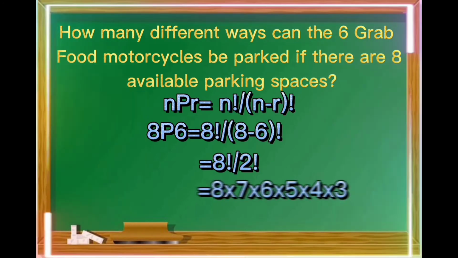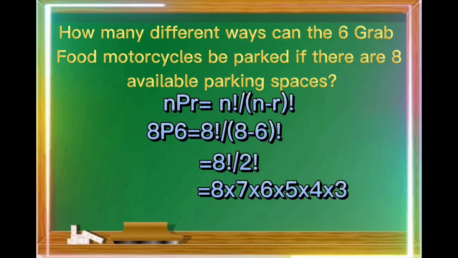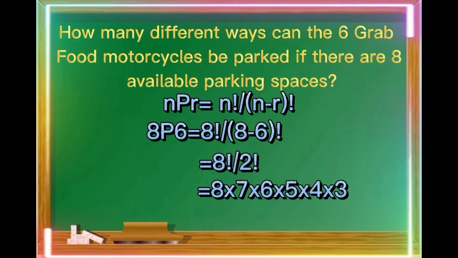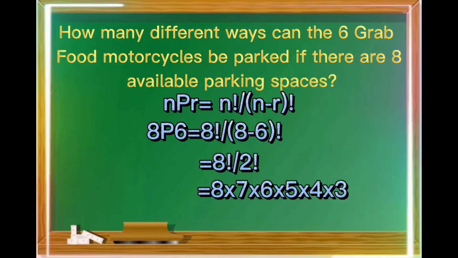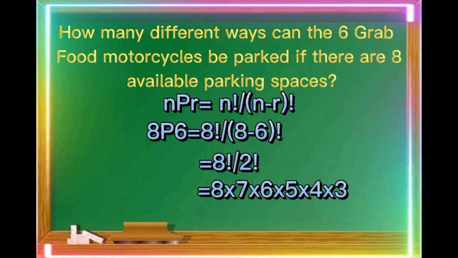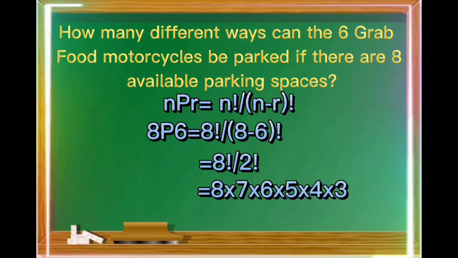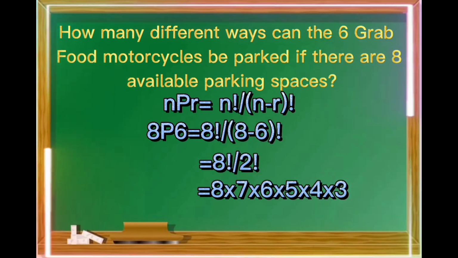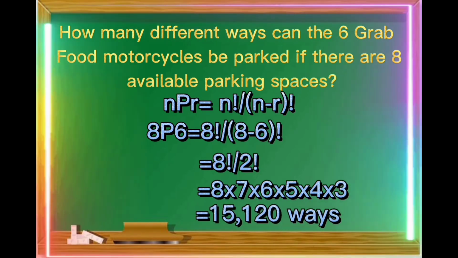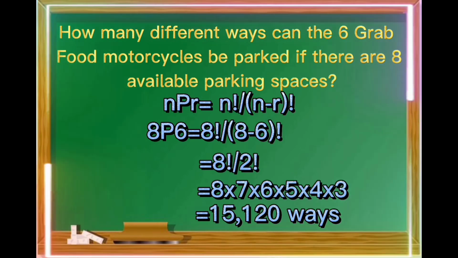Then 8 factorial is equal to 8 times 7 times 6 times 5 times 4 times 3 times 2 factorial over 2 factorial. Cancel out 2 factorial, then simplify: 8 times 7 times 6 times 5 times 4 times 3. Using your calculator, the result would be 15,120 ways.